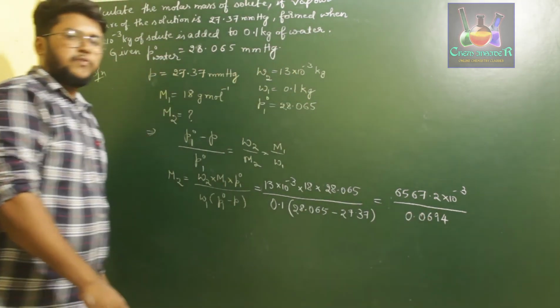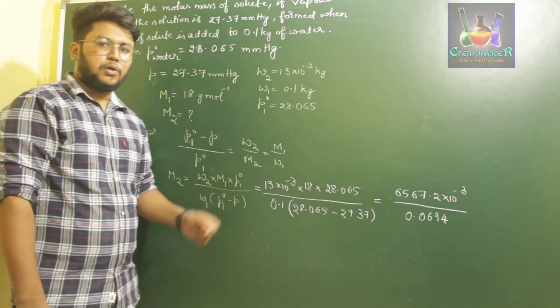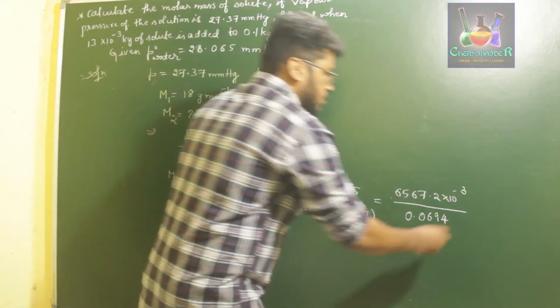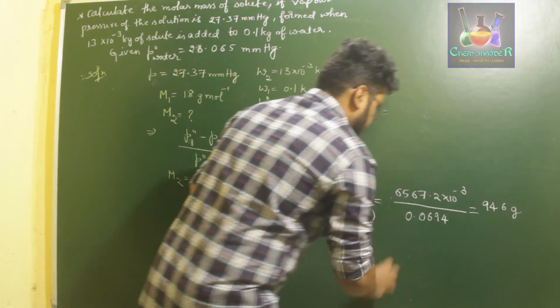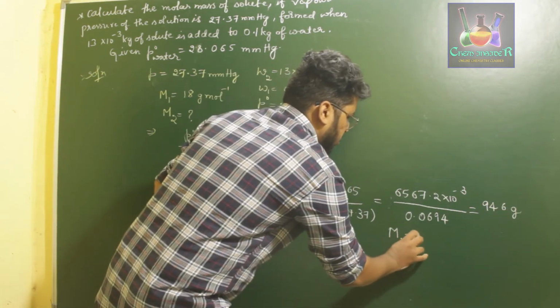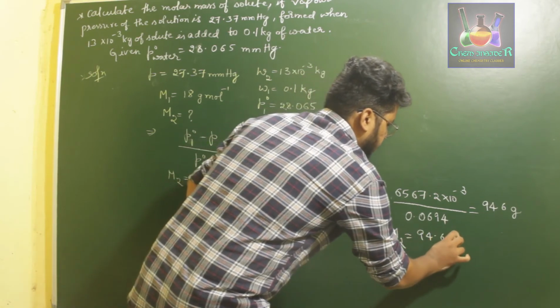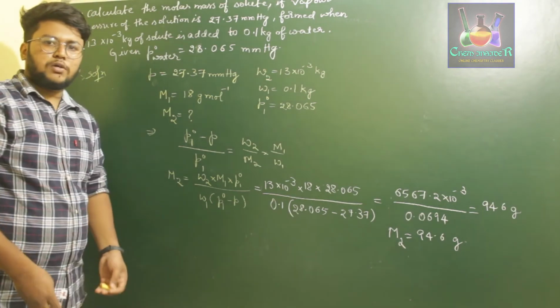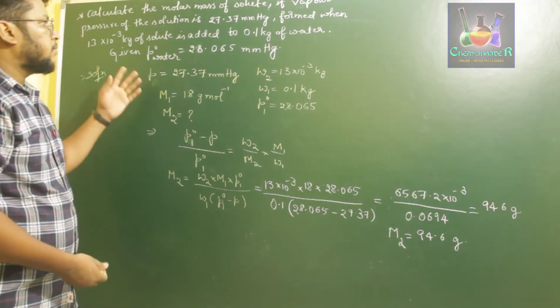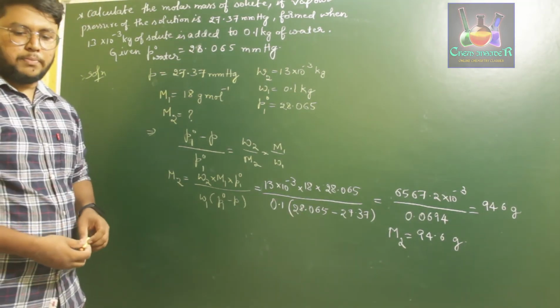This is the value we get once we calculate the numerator and denominator, and on solving this we get 94.6 grams. So the molecular mass of the solute is 94.6 grams. This is how we calculate molar mass of a solute using relative lowering of vapor pressure.